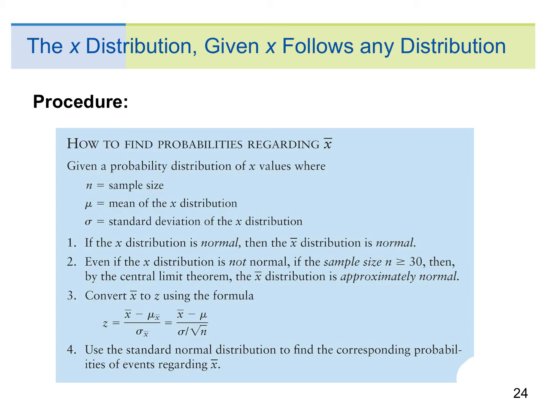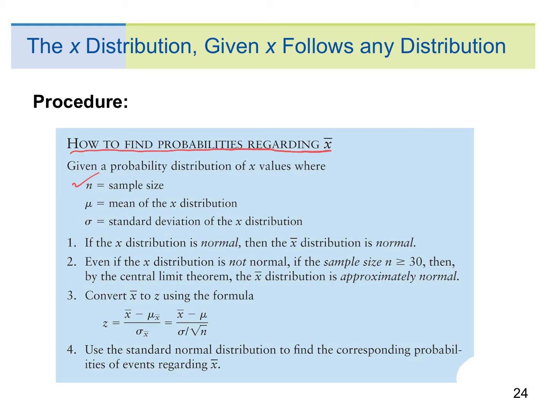So, in 7.3, it's how to find the probabilities regarding X. Well, today, it's how to find the probabilities regarding X bar. Well, guess what? We now have to have some type of N, a sample size.